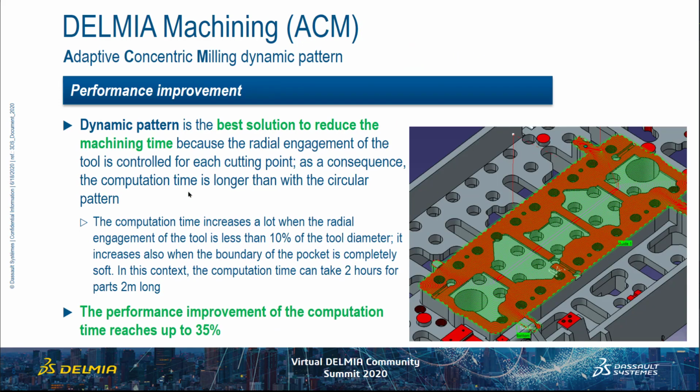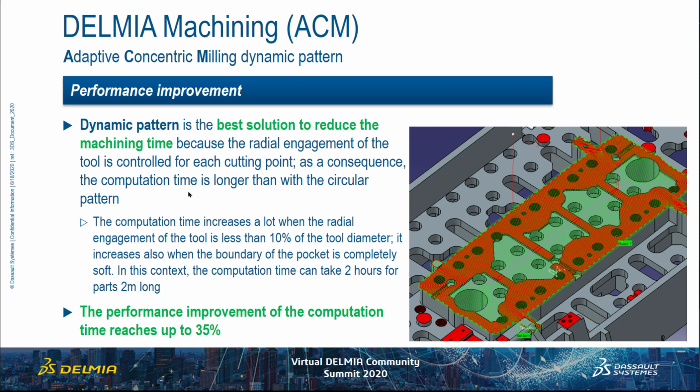The next one here is the adaptive concentric milling, or ACM for short. This has been available since 2017X onwards, and it has been a huge hit. So ACM was designed for hard material machining such as titanium, Inconel 718, die steel, and so on.